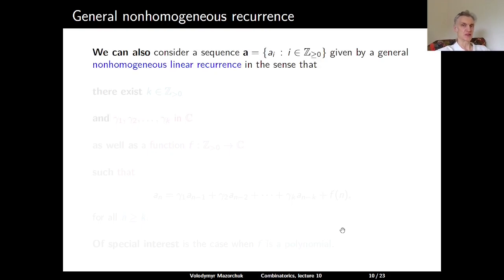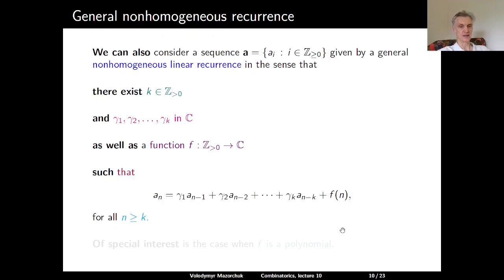So let us consider a sequence A, which is given by the general non-homogeneous linear recurrence, in the sense that there exists a positive integer k, constants gamma_1, gamma_2, and so on, gamma_k, complex numbers, and a function f from positive integers to C, such that a_n = gamma_1 a_{n-1} + gamma_2 a_{n-2} + ... + gamma_k a_{n-k} + f(n) for all n greater than or equal to k.